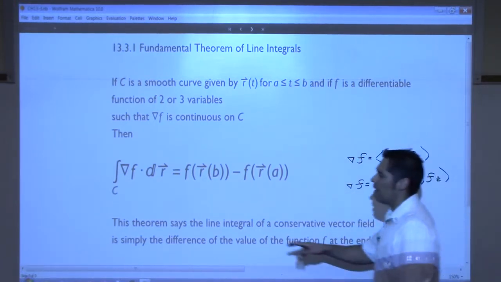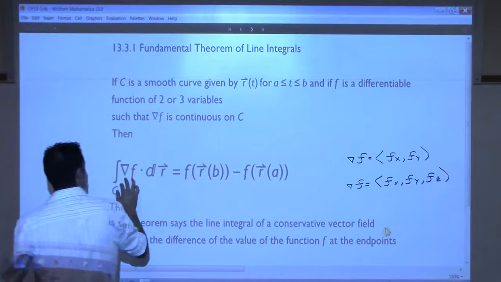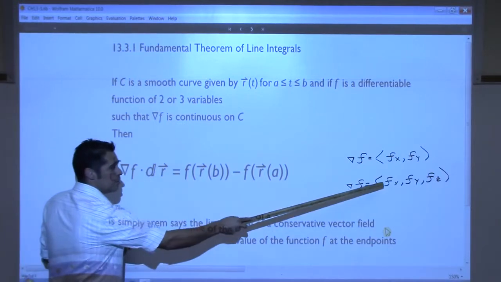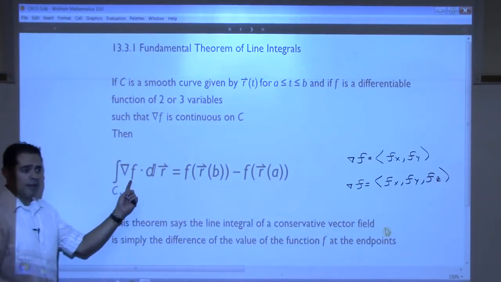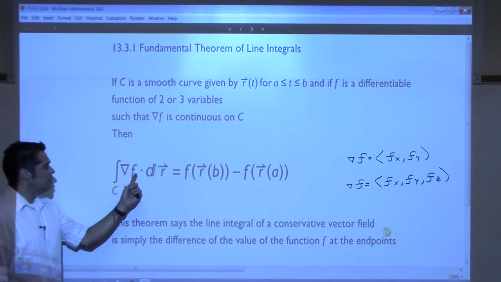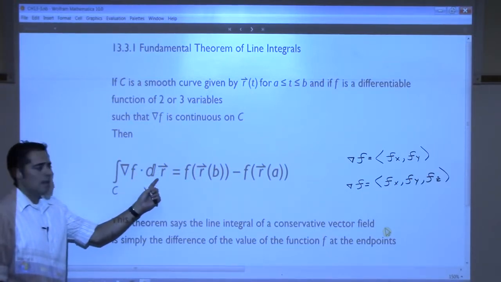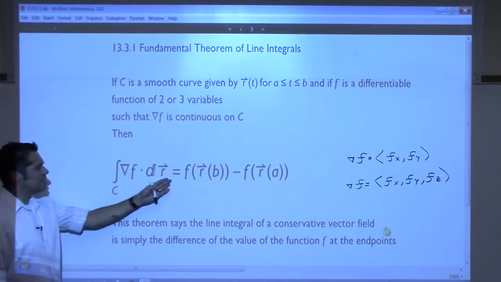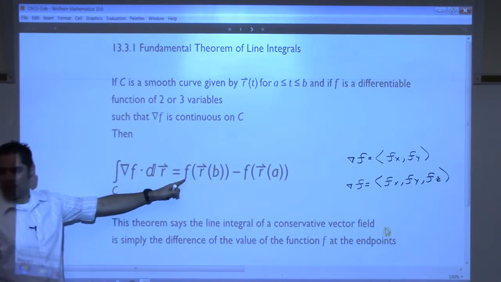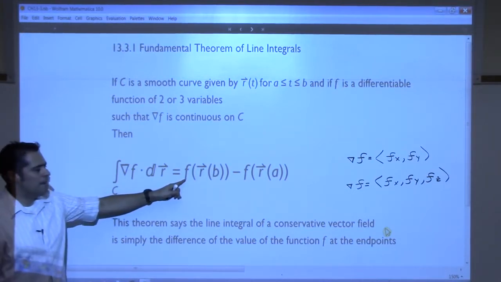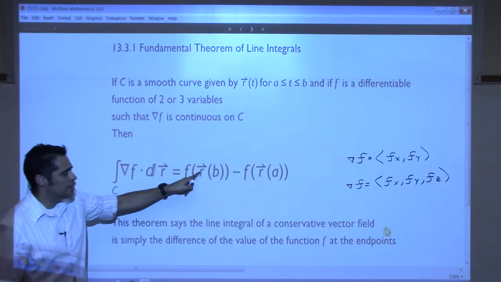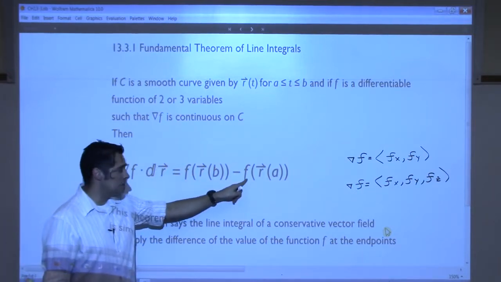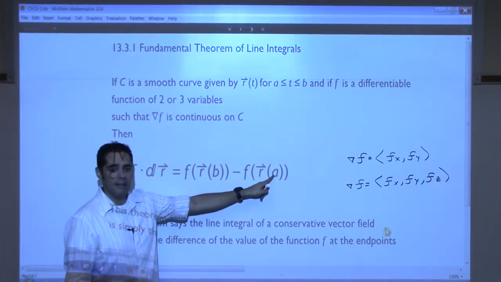So if we take the gradient of the scalar function, which is a vector, which means this is a vector field, and we do dot dr, then it's just equal to the scalar function evaluated at r of b minus the scalar function evaluated at r of a.